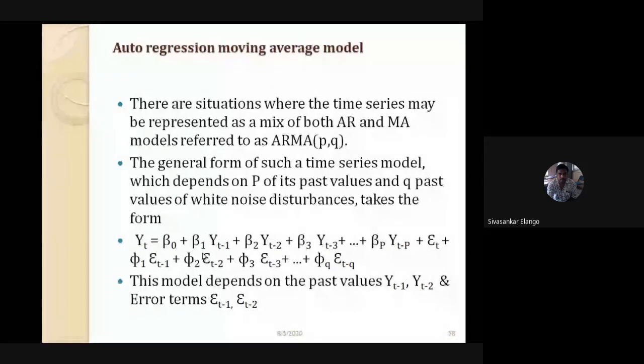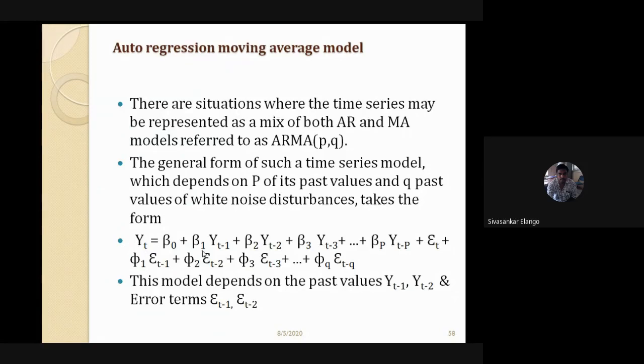If you have ARMA 2, this model depends on the past values yt minus 1, yt minus 2, and error terms epsilon t minus 1 and epsilon t minus 2. So this is how we represent the equation.